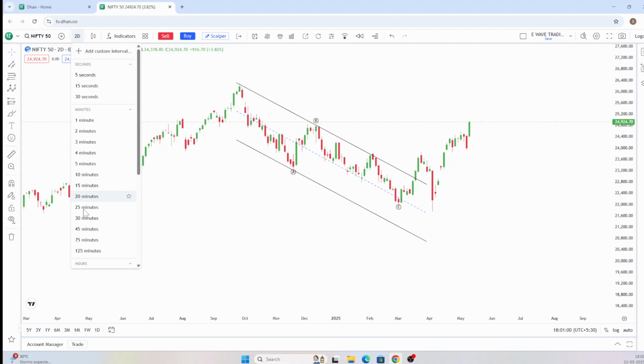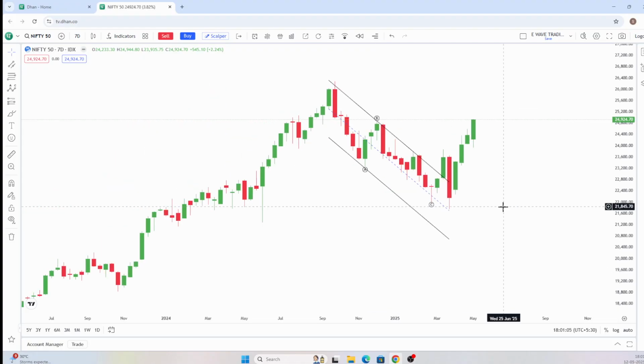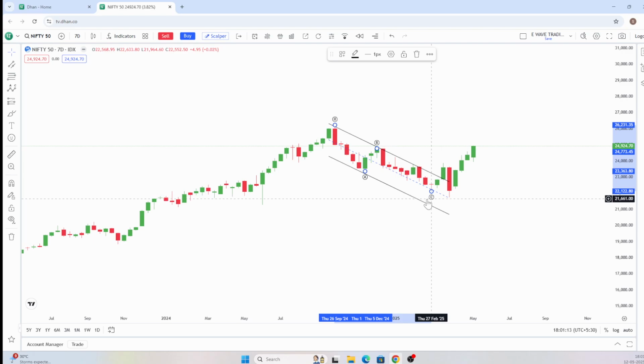But when you put the 7-day data, now the magic starts. The volatility goes low. Basically the volatility in the market reduces to very narrow.